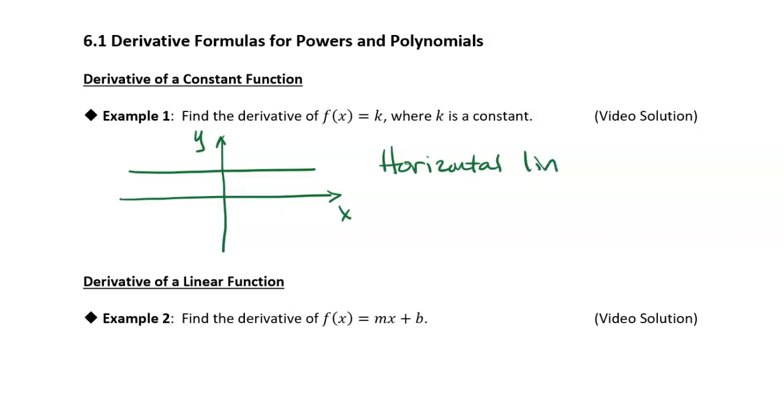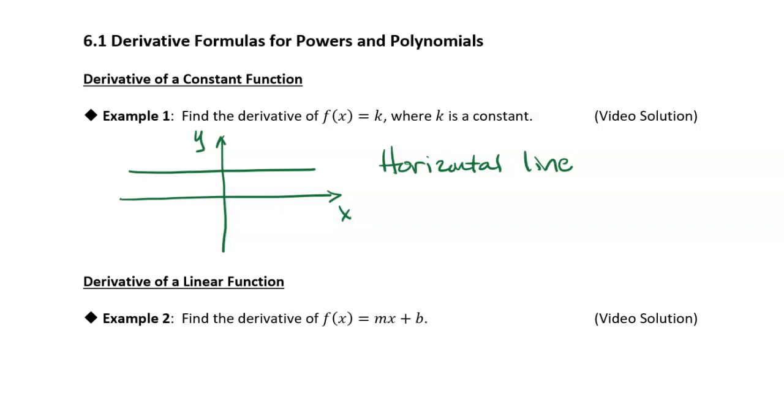Now remember that the derivative is the instantaneous rate of change of the function, or it's the slope of a tangent line to the function. So what is the rate of change of this constant function? Well, the rise over run of this function is there's no rise, it's all run.